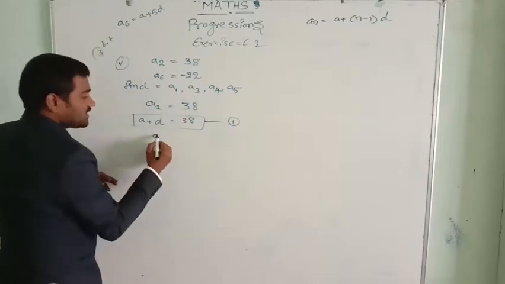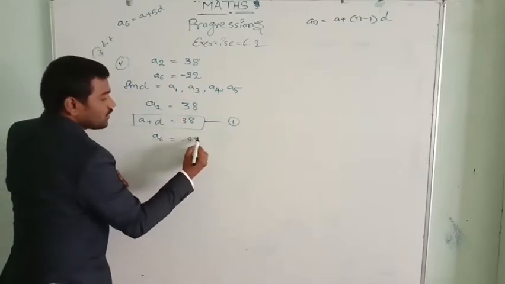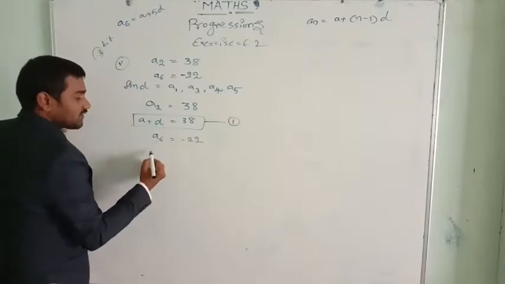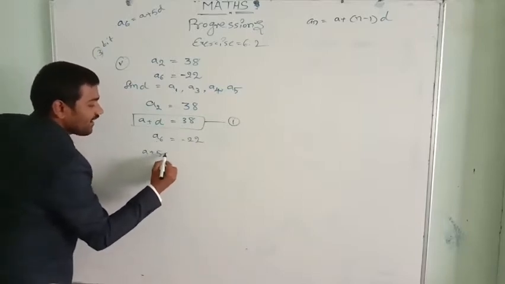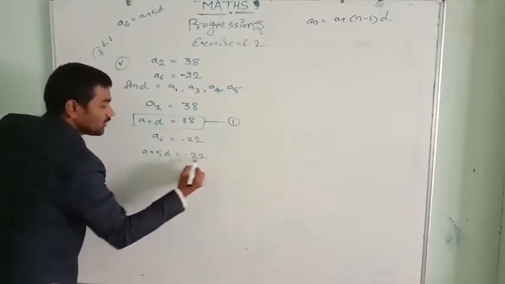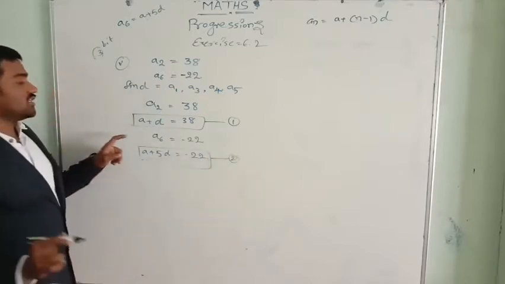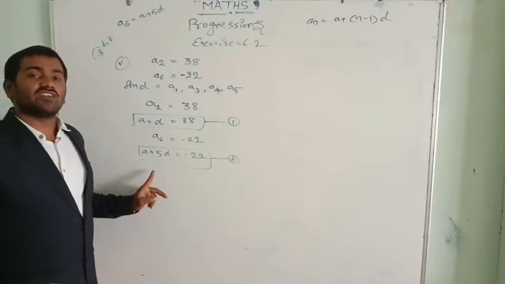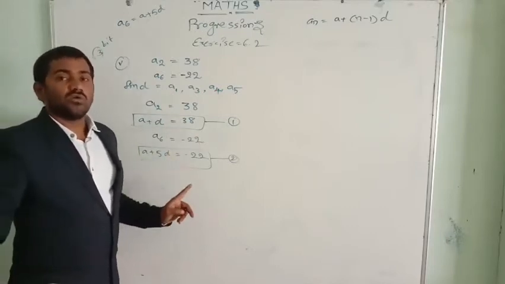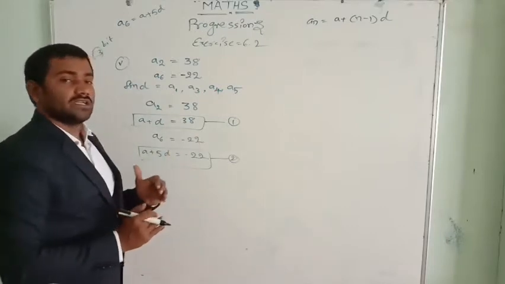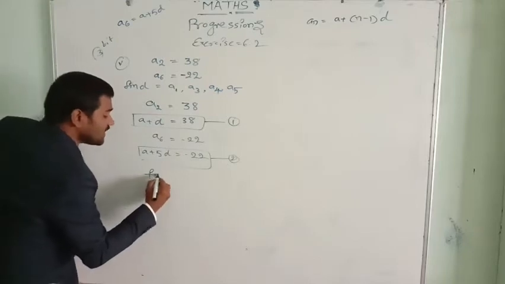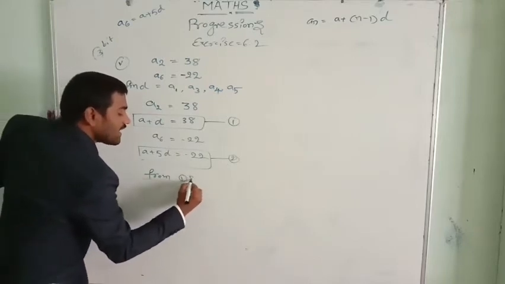Let us take A6 equals minus 22, so A6 equals A plus 5D equals minus 22. Here we got equation number 2. These two equations can be solved by the elimination process.